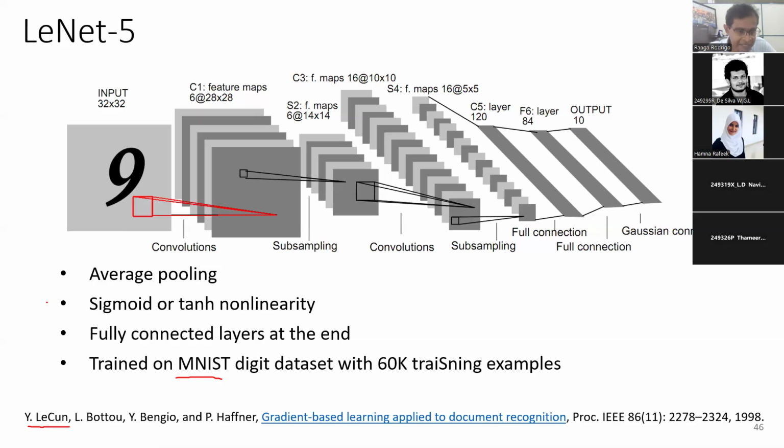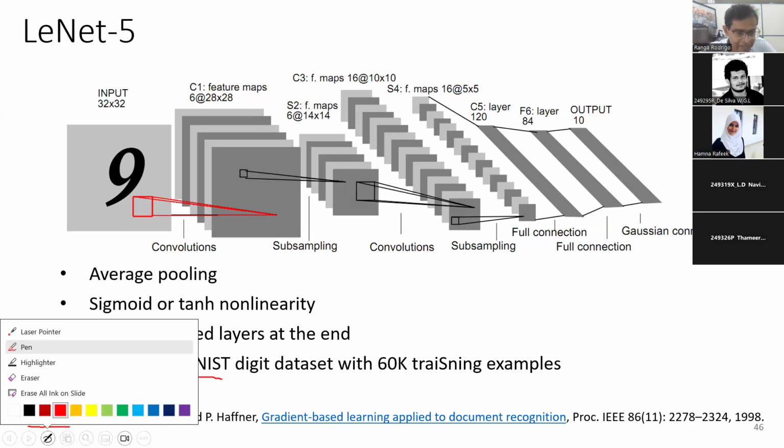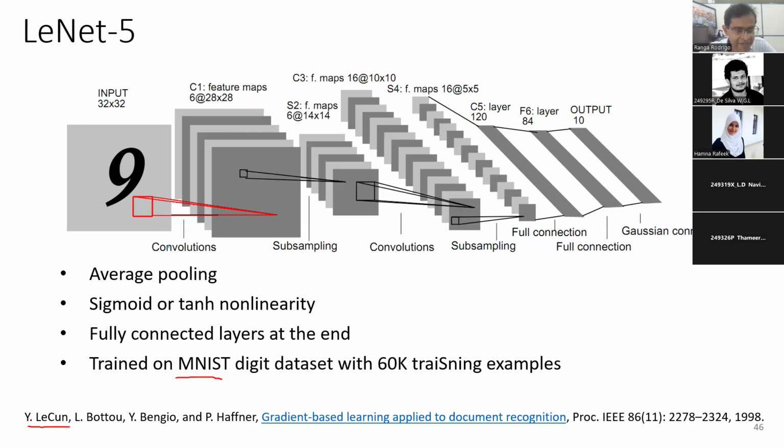It's a little bit of an early network, so some terminology is different, but I think we can decipher that. So the input image size is 32 by 32. And then they run convolutions and the output size is 28 by 28 and 6 of them.